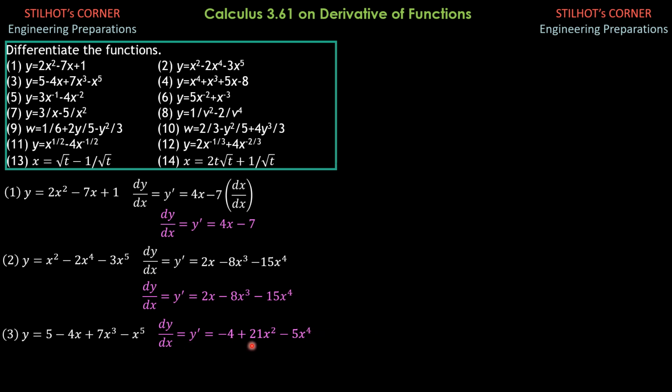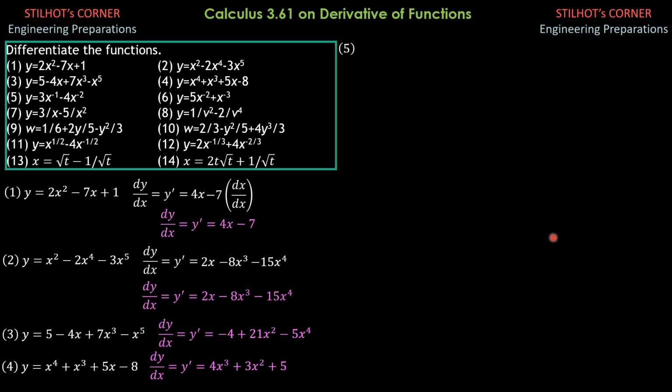Number 4, y equals x to the fourth plus x cubed plus 5x minus 8. So let's answer this directly. dy dx, which is equal to y prime, equals 4x cubed plus 3x squared plus 5.